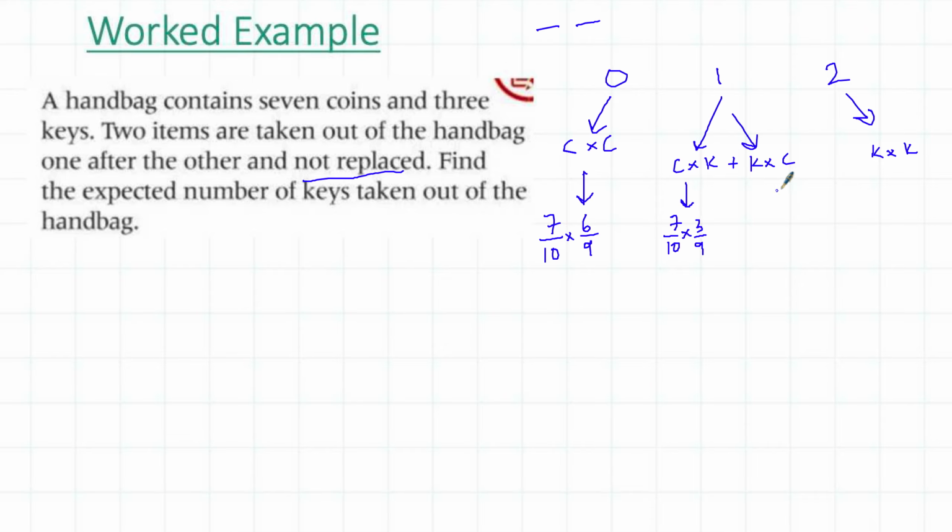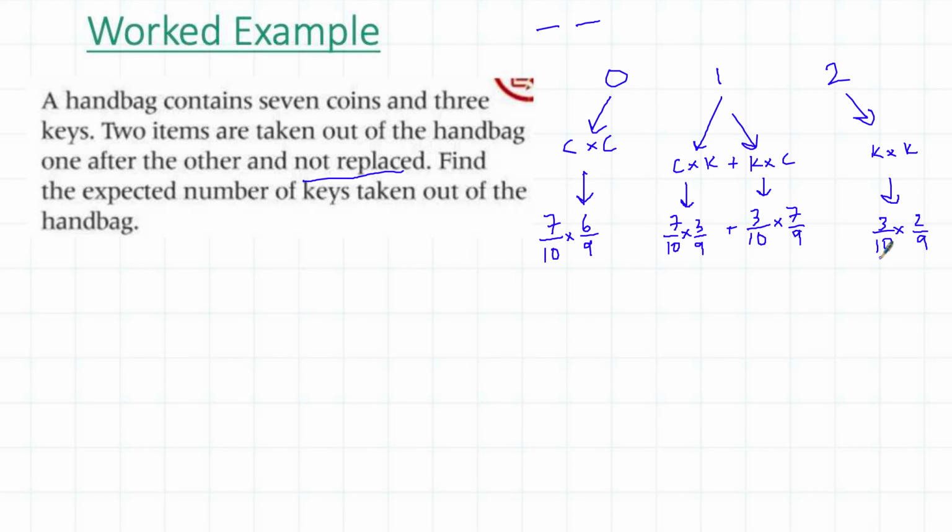Remember, the denominator changes because you're not replacing. And then the opposite, the probability of getting a key first is 3/10, and the probability of getting a coin next is 7/9. But I need to add those 2 options. And then for the key, the probability of picking a key first is 3/10, and then 2/9.